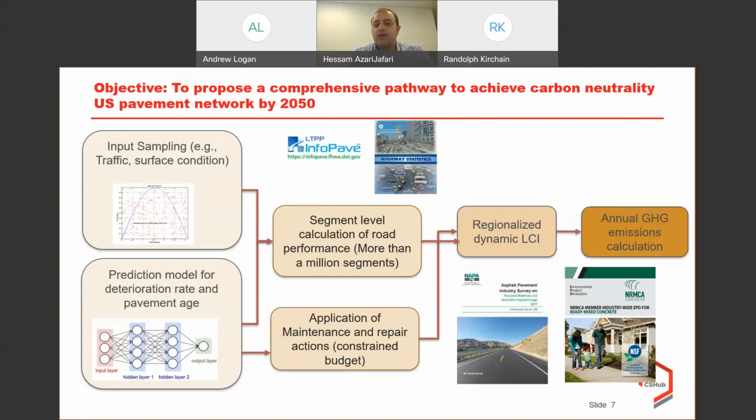And at the end, we could calculate the annual GHG emissions of the materials in the future. For this study, we considered an analysis period from 2017 till 2050.